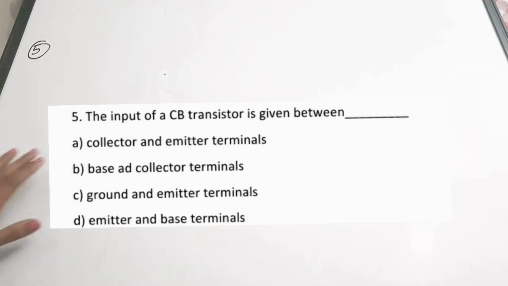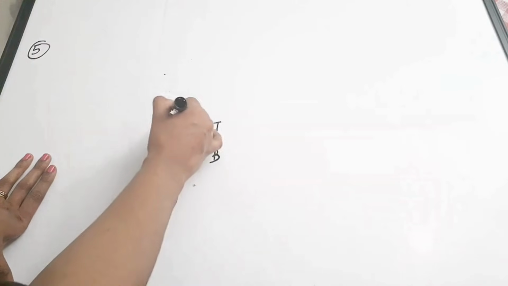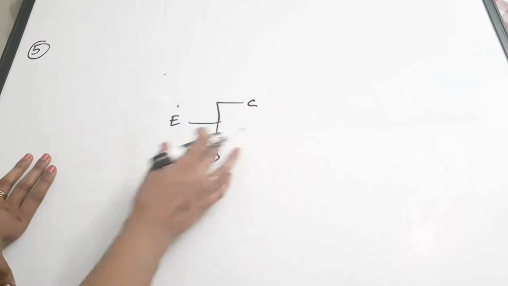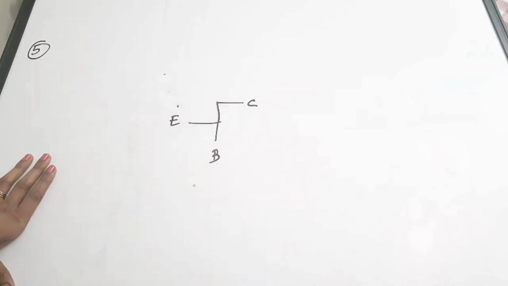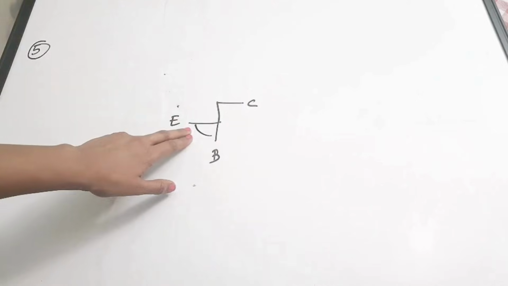Okay. So this is a common base. So this is the base. Base is common. Input is going to be applied to the emitter, or input terminal we say it is emitter. Collector is the output terminal. Now where we are actually going to apply the input is in between the emitter and the base terminal.